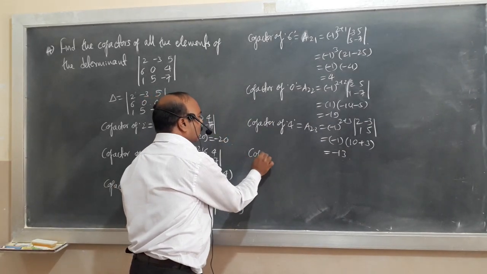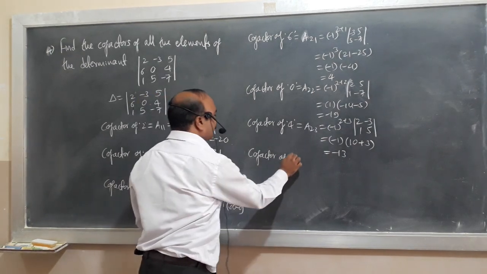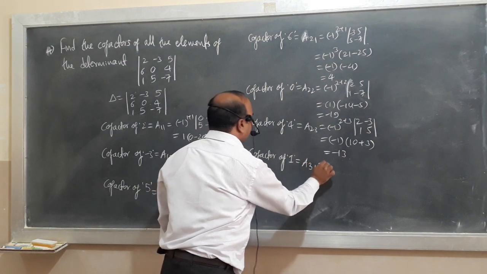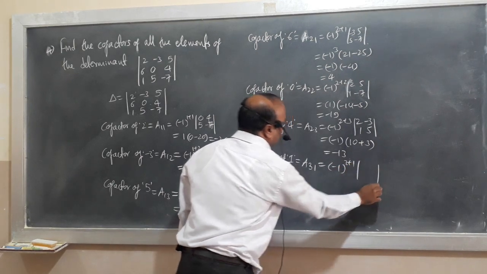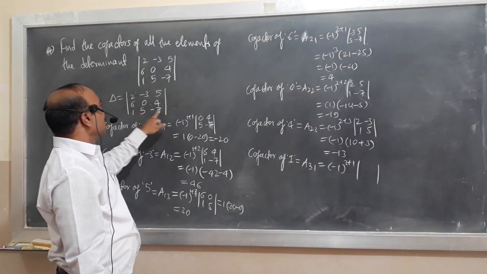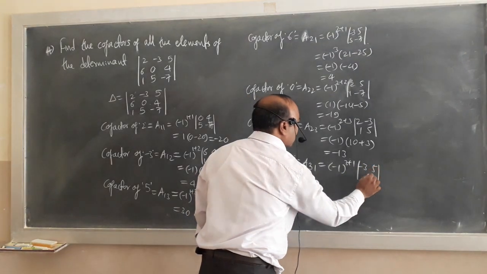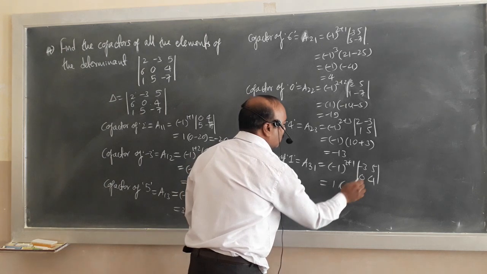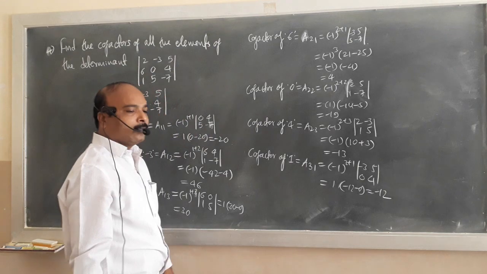Next, the cofactor of the next element, 1. It is a31. It is (-1) power 3+1 into the minor. The minor of this element, deleting this column and this row, we get -3, 5; 0, 4. So this is (-1) power 4, which is 1, into (-12 - 0). It is -12.